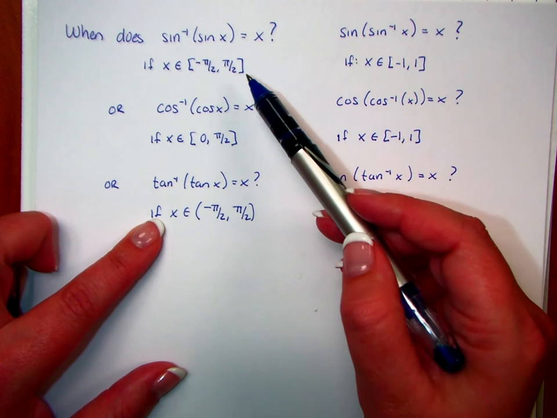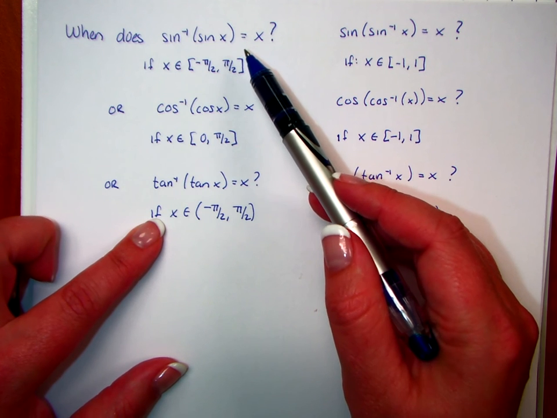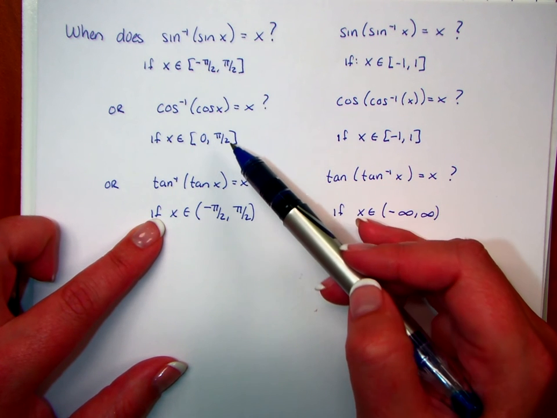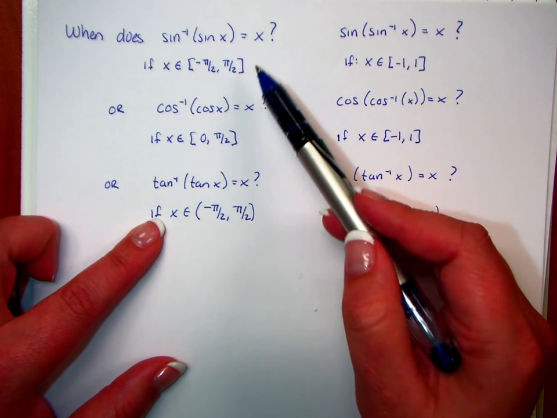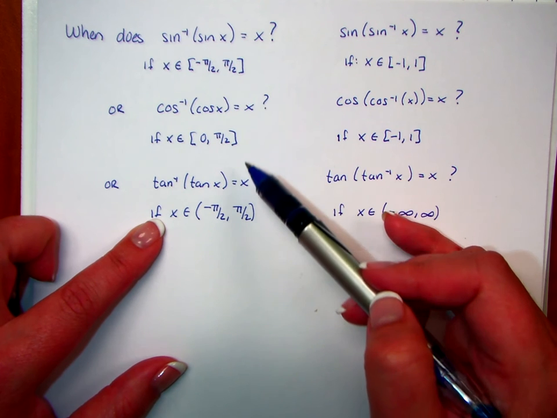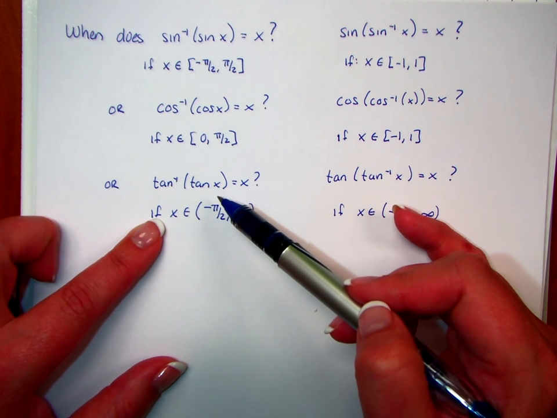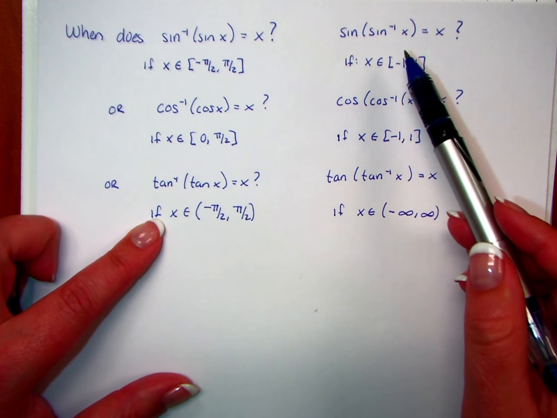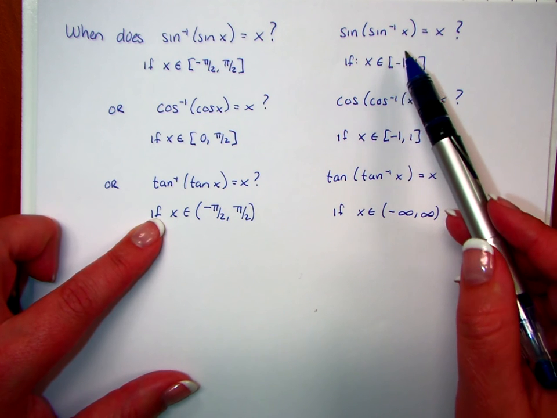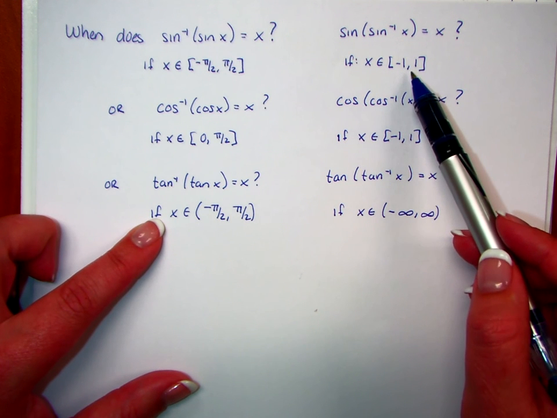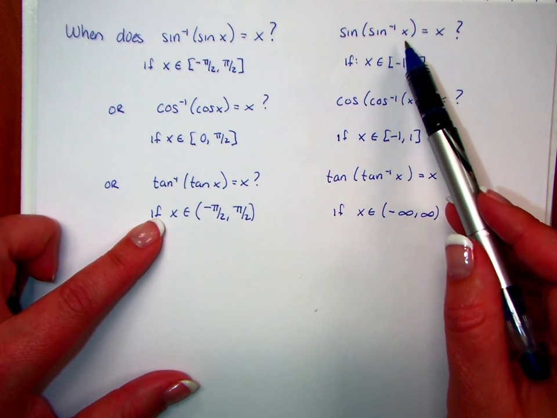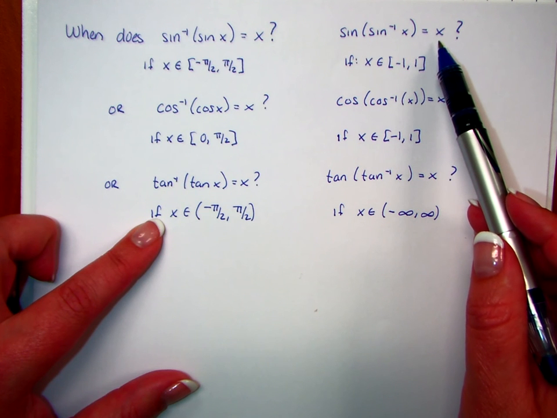I alluded to the fact that sometimes we have to translate the quadrant these are in. Sometimes the answer is x, sometimes it's not x, but it's always going to exist. Over here, if x is not between -1 and 1, then the answer does not exist.